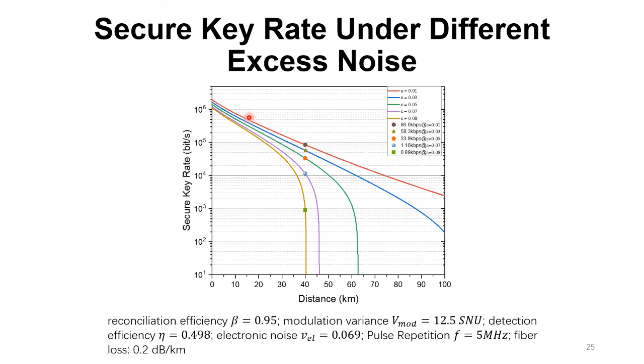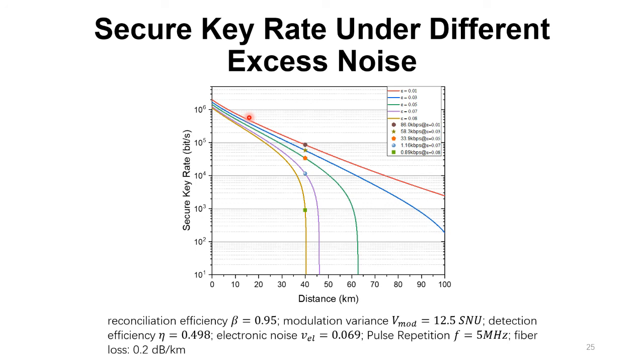To better implement long-distance communication using such an on-chip CV-QKD system, simulation under different conditions has been done. The line chart shows the secret key rate and distance relationship less than 100 km at different excess noises.